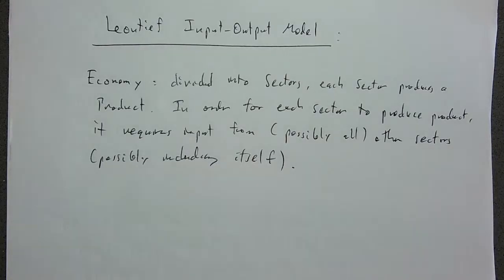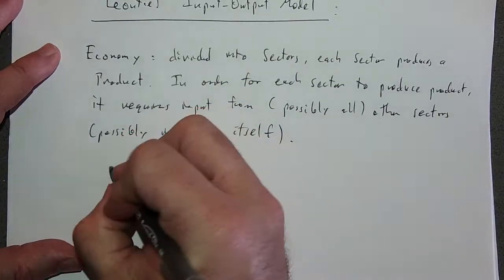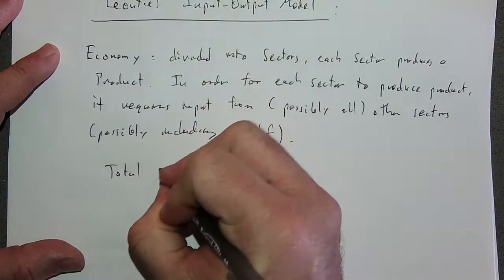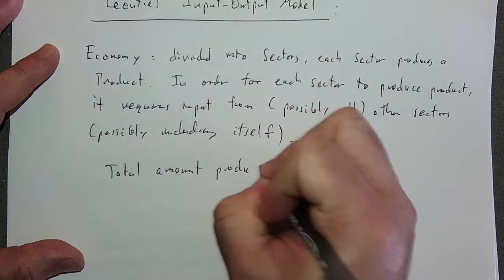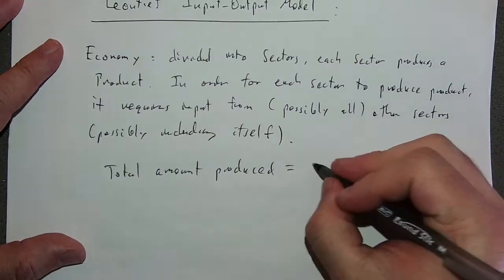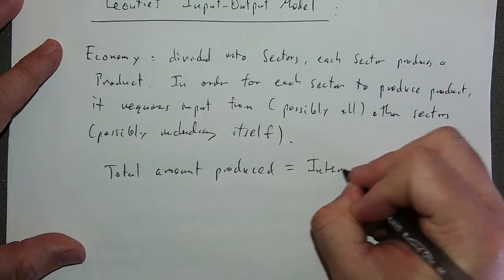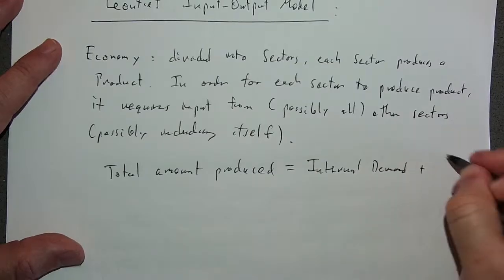And so the way to write this is that the total amount produced is the internal demand plus external demand.